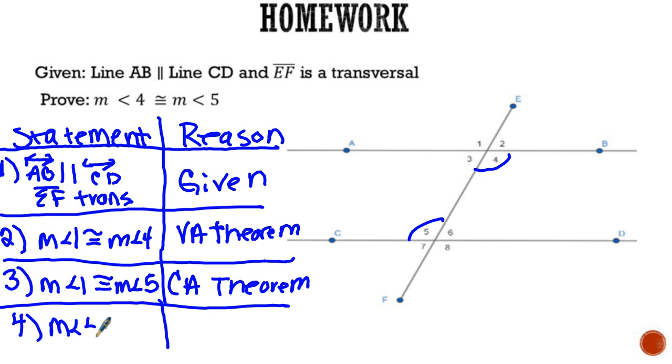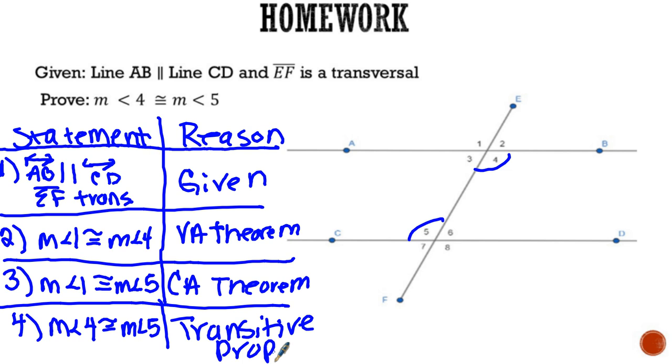So I can say the measure of angle 4 is congruent to the measure of angle 5, and that's going to be called the transitive property of congruency. And then we're finished.